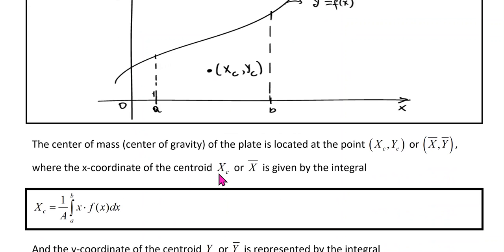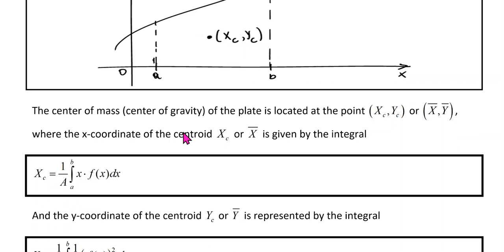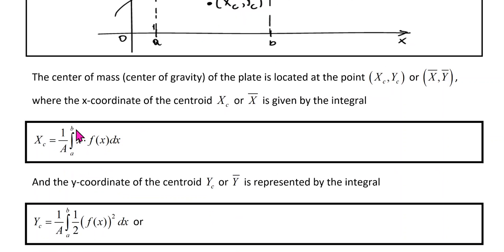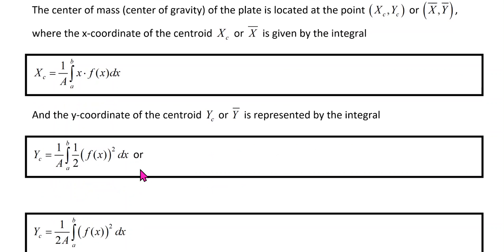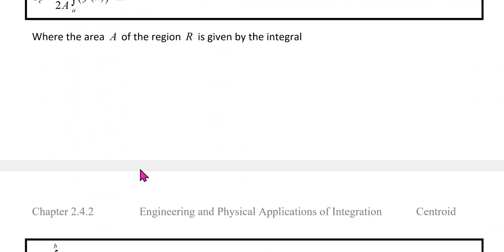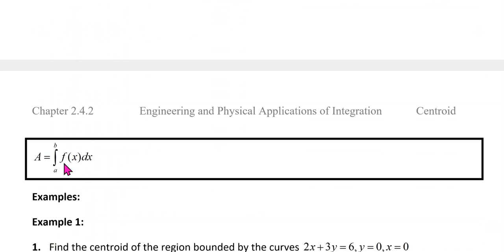Now to find the x coordinate of the centroid, we use this formula: the integral from a to b of x times f of x dx divided by A. A here is the area of the region R, and we know the area of the region R is given by the integral from a to b of f of x dx.